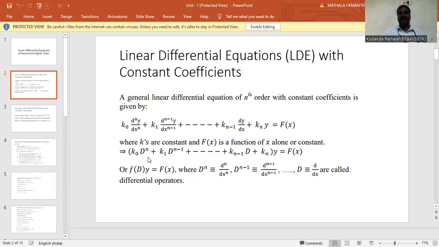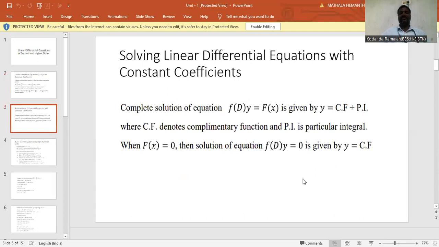You can write the entire general form simply as F(D) y equals f(x), where D^n is the nth derivative operator, D^(n-1) is the (n-1)th derivative operator, and D equals d/dx are called differential operators.